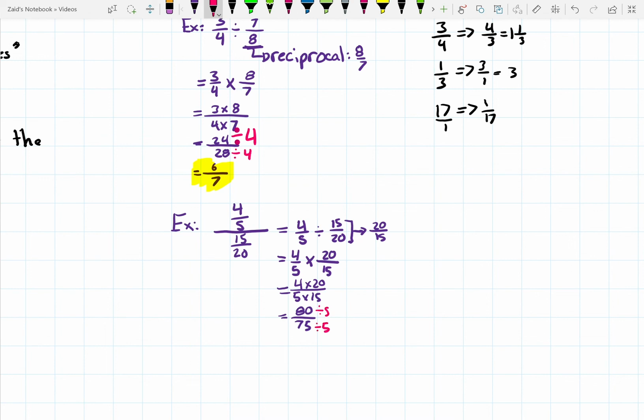If we divide 80 by 5, we get 16, and if we divide 75 by 5, we get 15. So we could see that simplified, and we could even put it into a mixed number, where it becomes 1 and 1 over 15. So this is how we multiply and divide fractions.